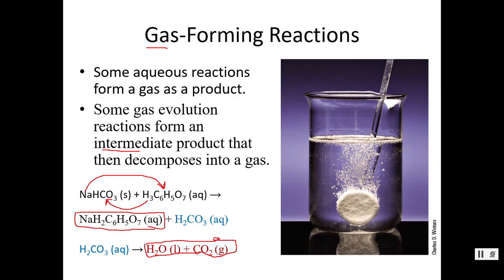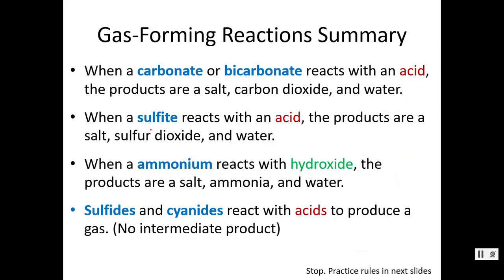So you may think, well, how can you determine if a gas is going to be produced in a double displacement reaction? These are the rules that are used when determining if a double displacement reaction produces a gas. It essentially depends upon the identity of your reactants. If it's a carbonate, sulfite, ammonium, sulfide, or cyanide.